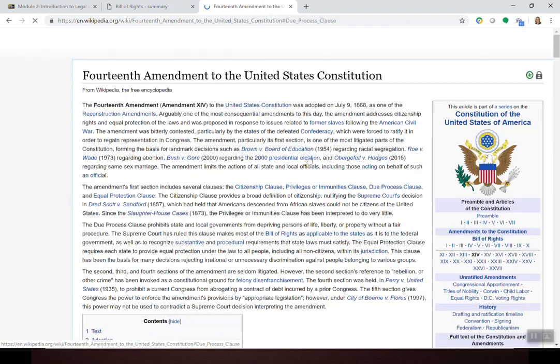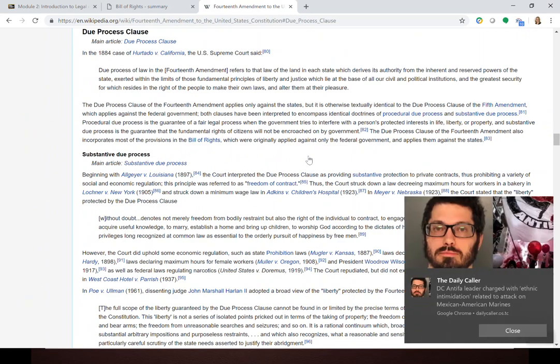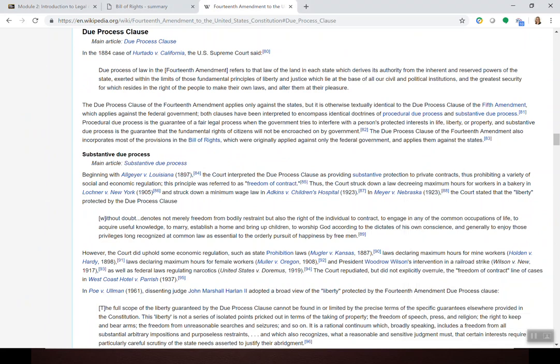It's about citizens' rights, and being able to get due process means that you're going to have protection against someone just coming in, accusing you of a crime, finding you guilty, throwing you in jail, or something like that. It applies only against the states, but it's identical to the Fifth Amendment, okay?